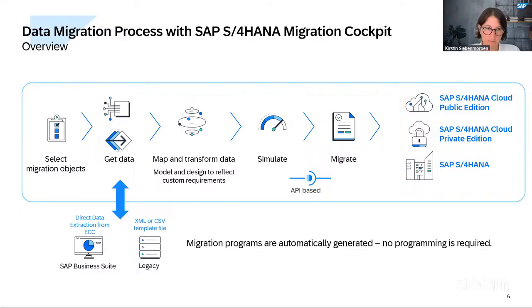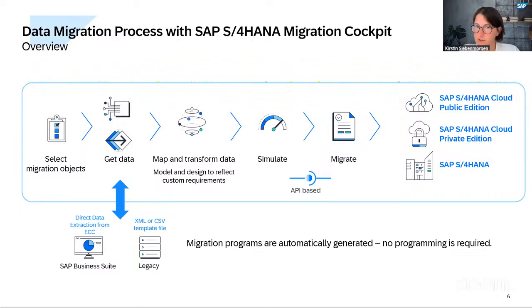Either if we have an ECC source system, there is a possibility that we directly extract the data out of the ECC system and pass it to the migration cockpit. The second possibility is that you use XML or CSV template files, which we provide with the migration cockpit, and you can fill them with data and upload them to the migration cockpit.